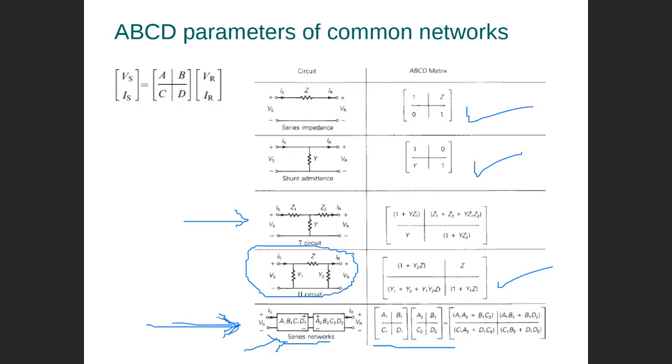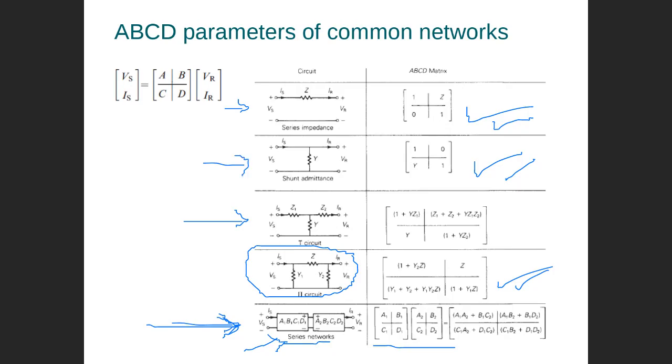But you need to know these. You need to know exactly how to represent the circuit by the ABCD parameters, of this one and this one. So this is the short transmission line. This is the medium transmission line, represented with Y in the middle.